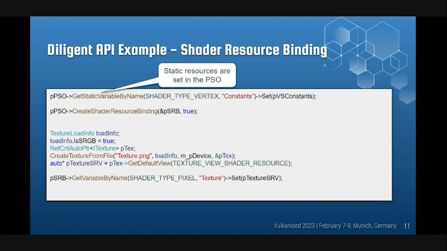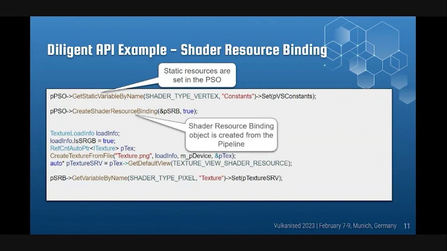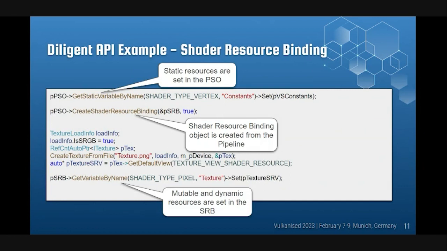So we can set a binding that never changes directly in the pipeline state. The pipeline state creates the shader resource binding object, and the mutable and dynamic variables are set through this shader resource binding object.